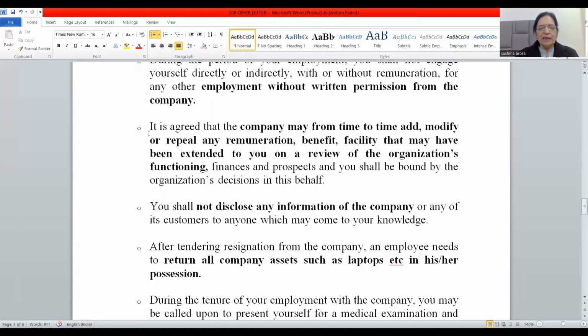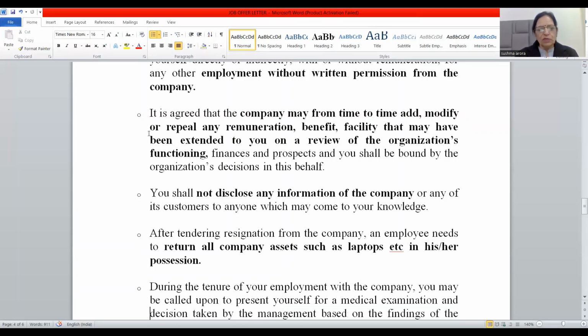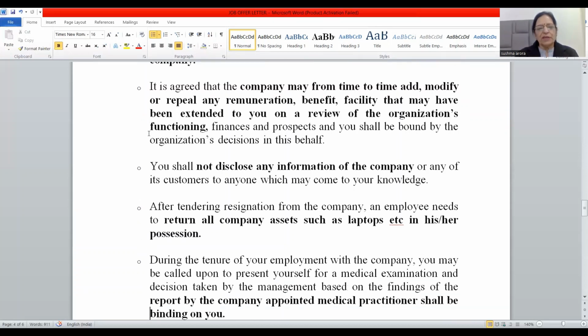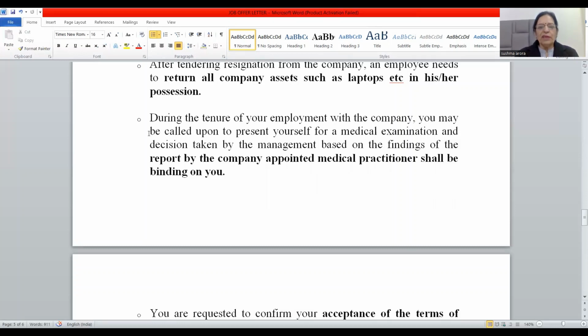After tendering resignation from the company, an employee needs to return all the assets such as laptop, etc., in his or her possession. Of course, whatever assets have been issued to the employee during the tenure of his employment, when he resigns from the company, he will have to hand over all these assets to the company.